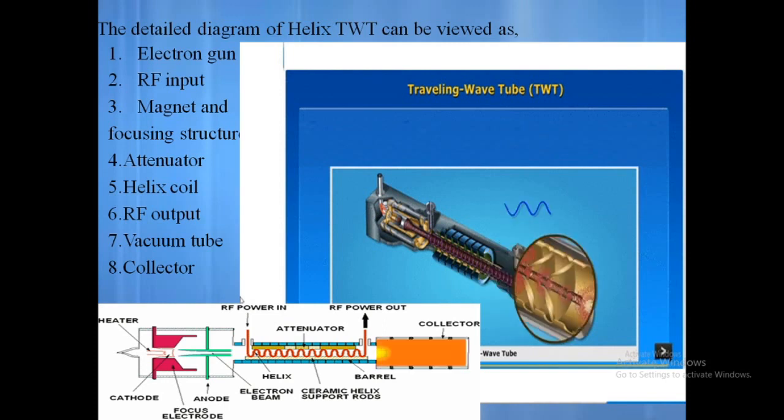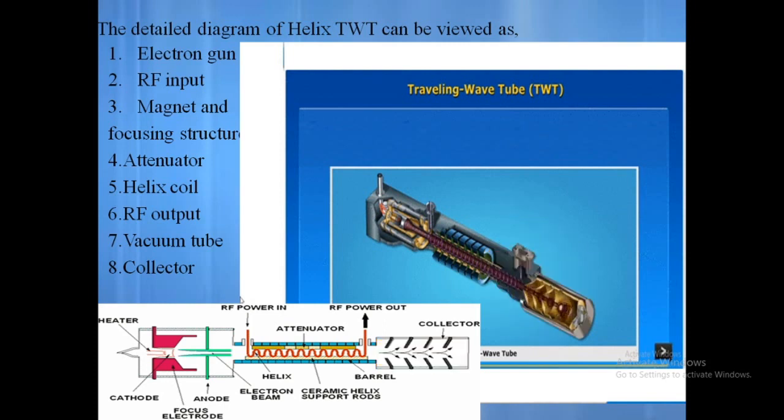The second one is the RF input. Here the RF input provides the RF signal, meaning the radio frequency signal. The third one is the magnet.